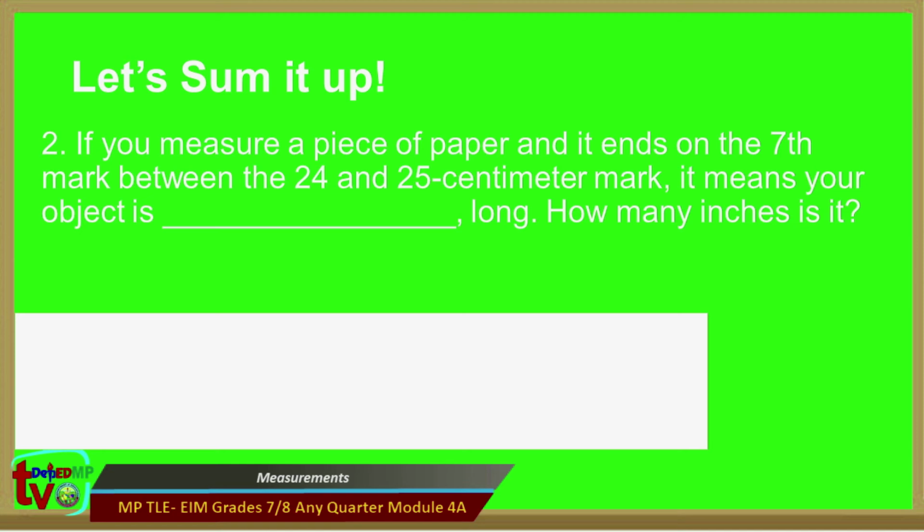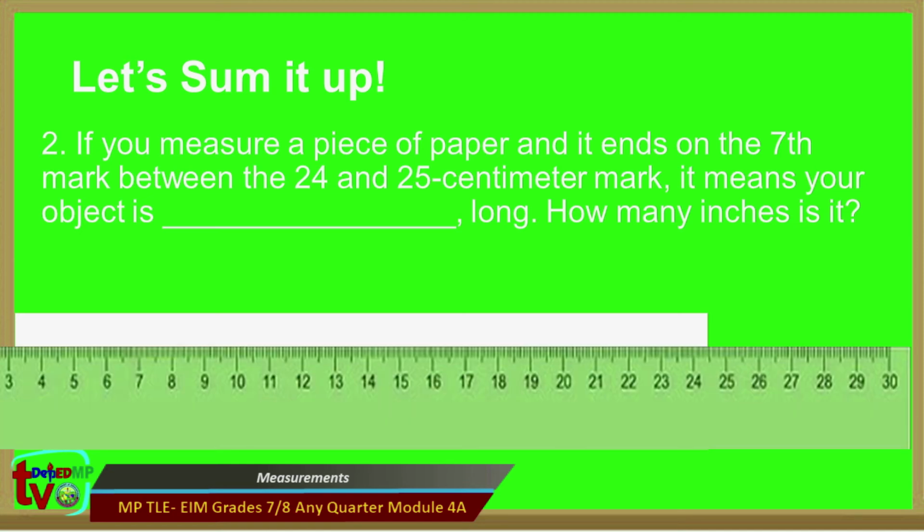Number 2, if you measure a piece of paper and it ends on the 7th mark between the 24 and 25 centimeters mark, it means your object is blank centimeters long. How many inches is it?